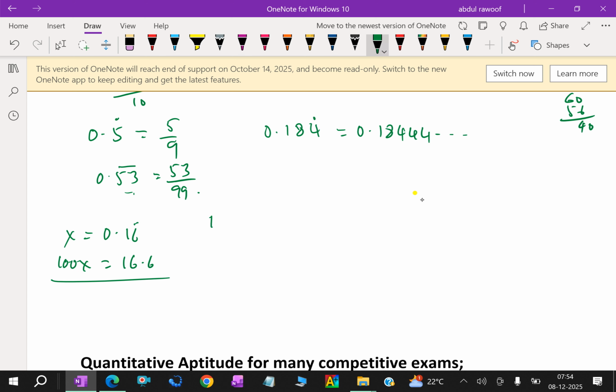First 100x equals 16.6 recurring, and x is 0.16 because 6 is recurring, you can write that.